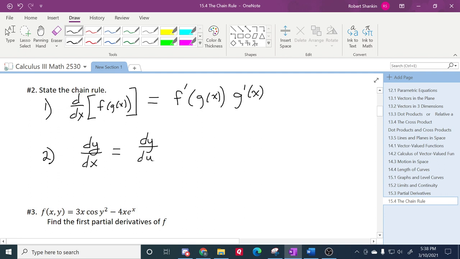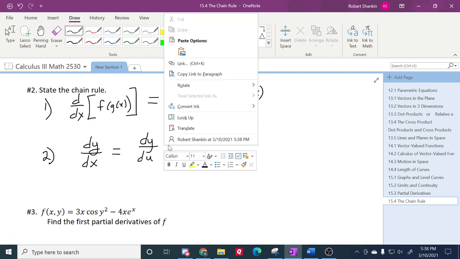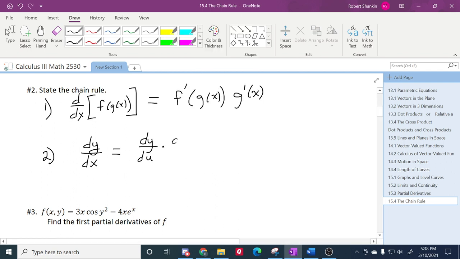You get to pick u to be whatever function you want, any intermediate function that is useful for you. dy du times du dx. And remember, it was Leibniz and Newton that both created calculus simultaneously and independently.